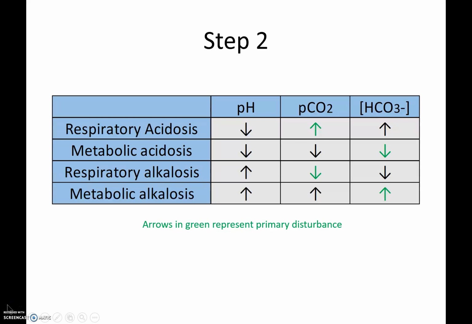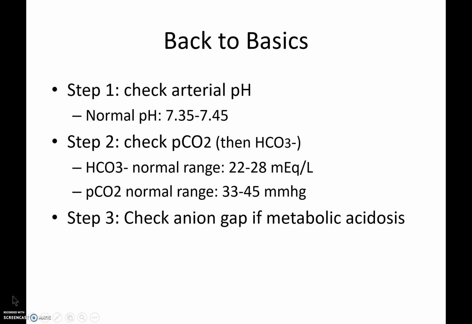And vice versa with a primary metabolic disturbance, you're adding or subtracting your bicarb, which is your base. So for metabolic acidosis, where the pH is going down, it's becoming more acidic, you're taking away that base and therefore making it acidic.